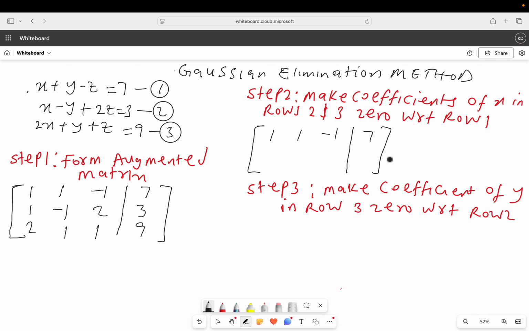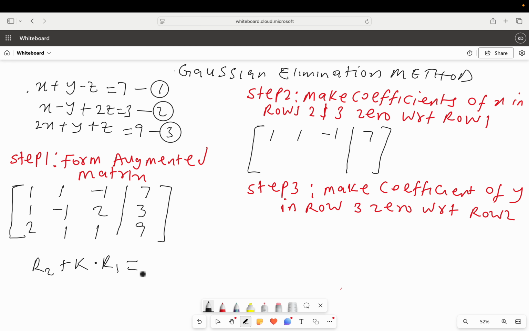So I need to form a transformation formula for row 2 and a transformation formula for row 3. To do so, I'm going to do the transformation with respect to row 1. So for row 2, the transformation formula will be R2 plus K times R1, where K is a term I need to find. I want a formula such that if I apply it, my R2 will be 0.